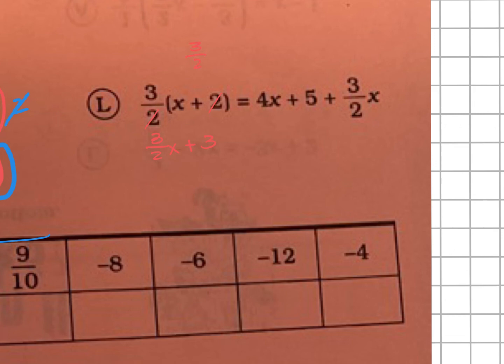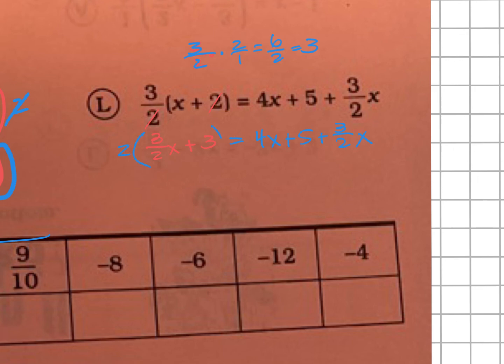So that would be 3 halves times 2 over 1, which would be 6 over 2, which would be 3, equals 4x plus 5 plus 3 halves x. Okay, I could make everything 2 times bigger. There is a shortcut where if I see 3 halves x on the right and 3 halves x on the left, they're going to cancel each other out. But let's just follow the technique and make everything 2 times bigger.